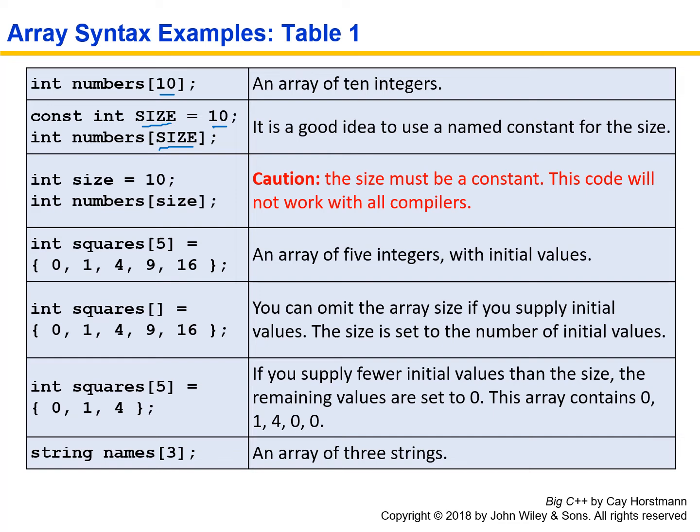That's helpful because if you ever need to change the size of your array, let's say you find out that 10 is not enough numbers and you need 12, you can just go to wherever you define the constant size and change it once, and then everywhere else in the code, that's automatically fixed.